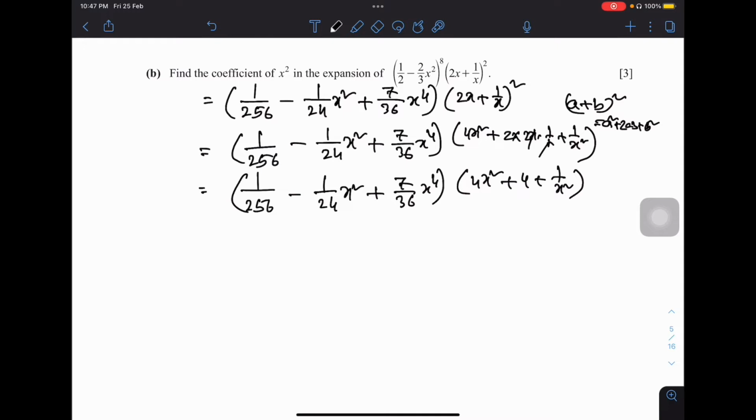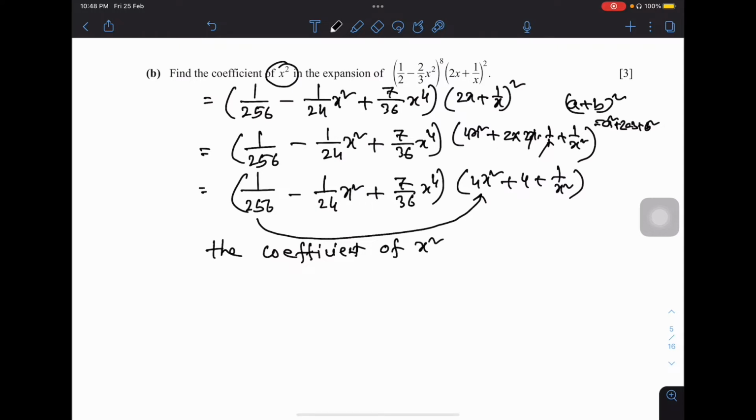Now to find the coefficient of x square, let us find out just the part for x square. This is with x square, the coefficient of x square.